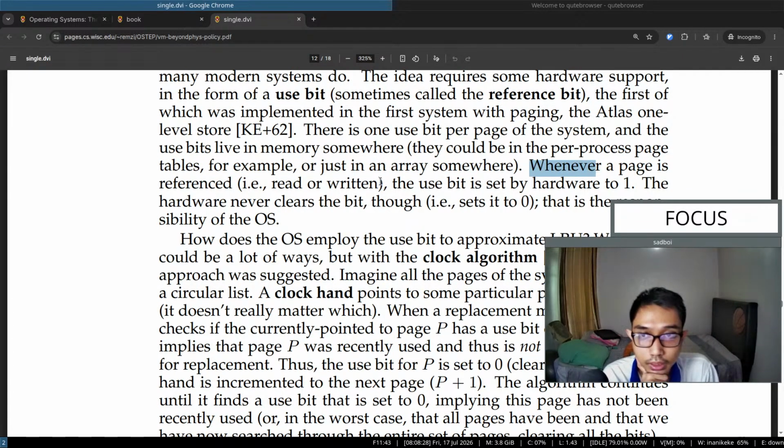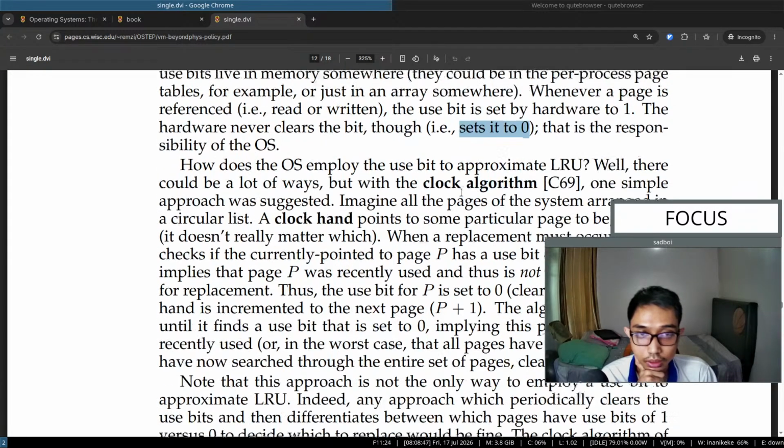Whenever a page is referenced, that is read or written, the use bit is set by hardware to 1. The hardware never clears the bit, though, that is, sets it to 0, right?